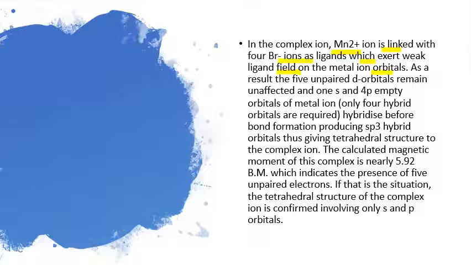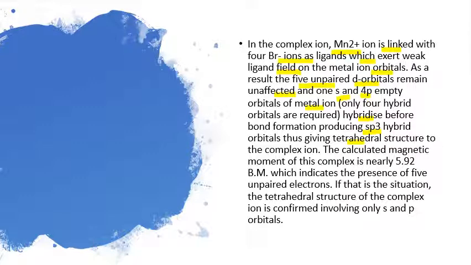As a result of this complex, how many unpaired electrons are there? 5 unpaired electrons in the d orbitals which remain unaffected, and the 4s and 4p empty orbitals of the metal ion hybridize to produce 4 new sp3 hybrid orbitals, giving which type of geometry?